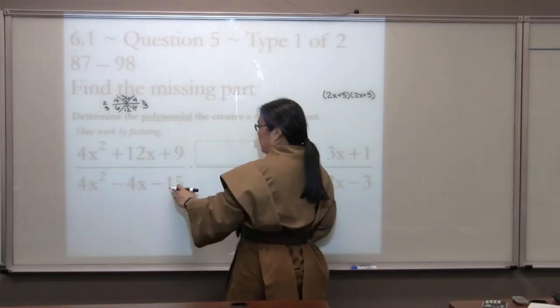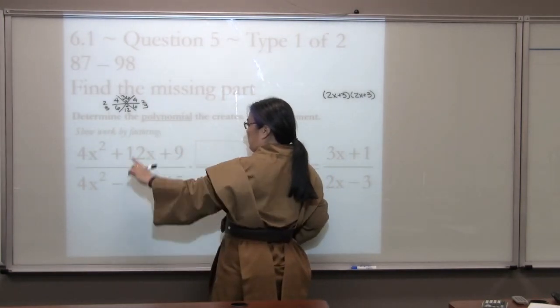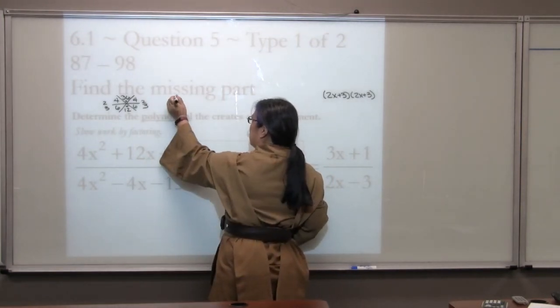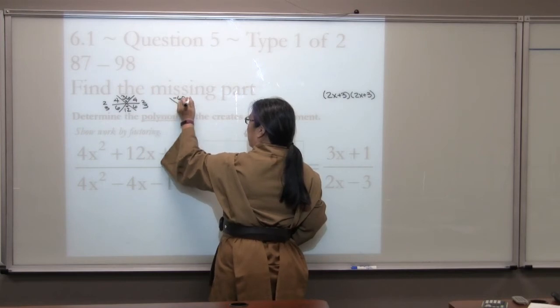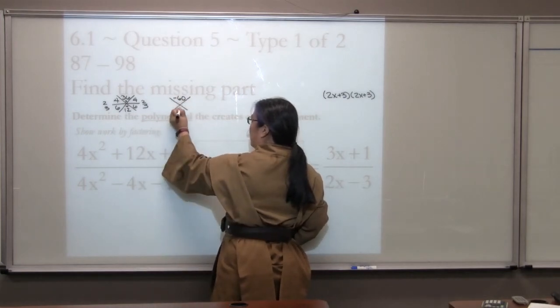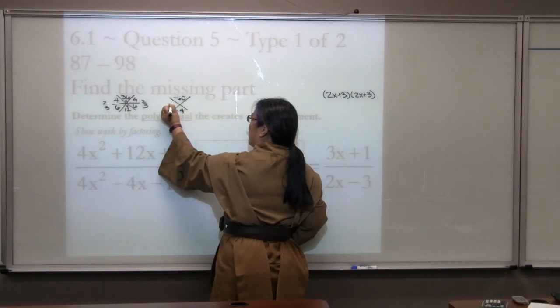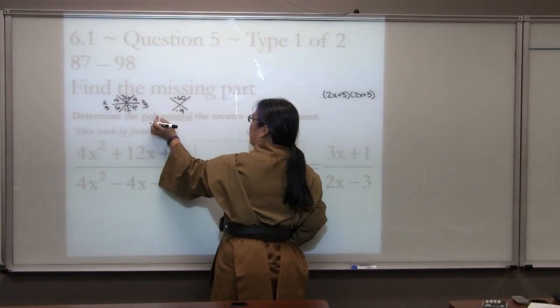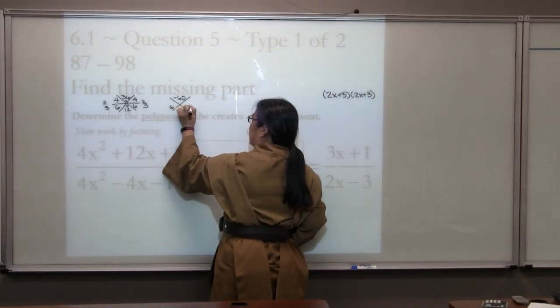Here, I have another one that works very well with the Snowflake method. 4 times negative 15 is negative 60 with a negative 4. We just did this one. That was the pair 15 and, nope, that is not the pair. We need a different pair. We need 6 and 10.